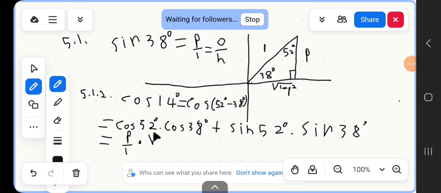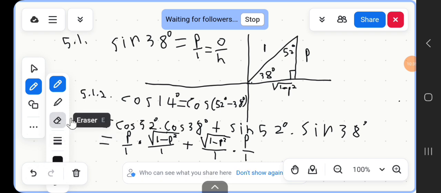So you write root 1 minus p squared all over 1. Plus sine 52. Sine 52 is opposite over hypotenuse, so it's the square root of 1 minus p squared all over 1, multiplied by sine 38. Sine 38 is opposite over hypotenuse, which is p over 1.